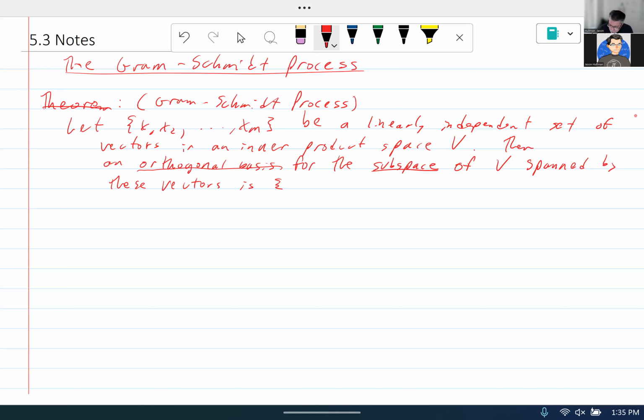So we're creating an orthogonal basis out of the subspace whose vectors are v1, v2 to v sub m. Okay, where v1, we start with just taking x sub 1, the first vector in the space.